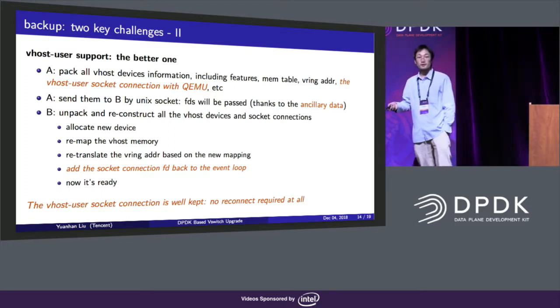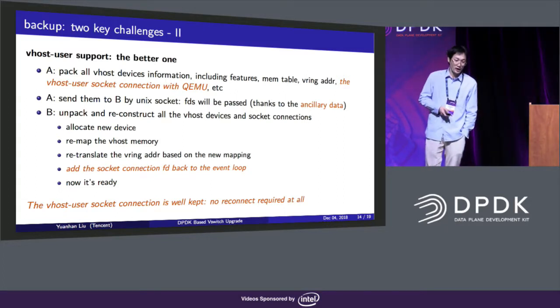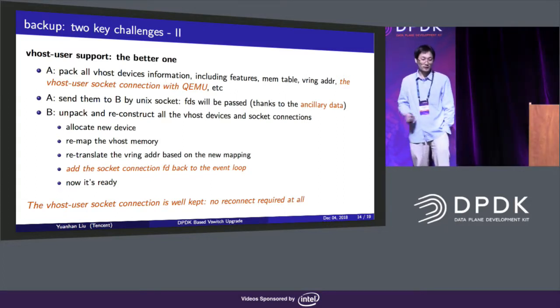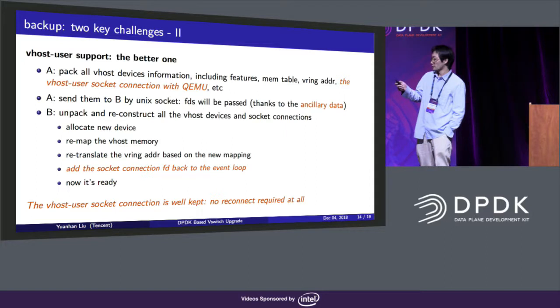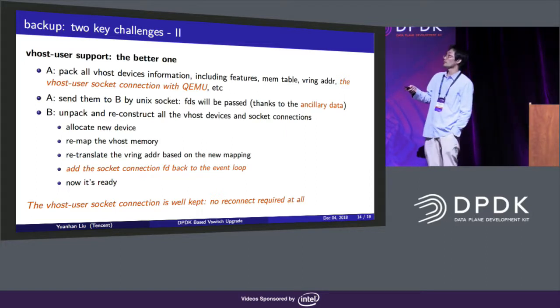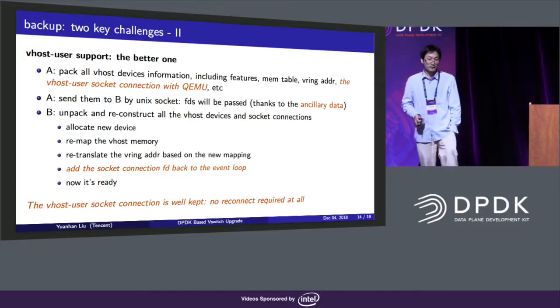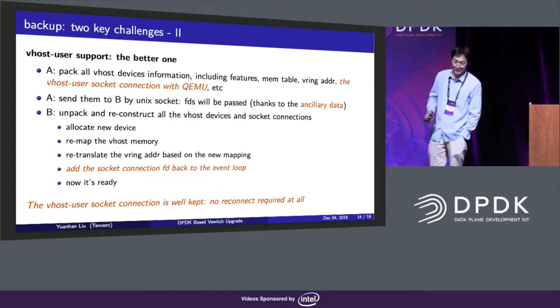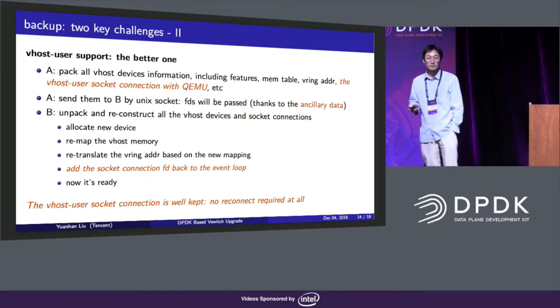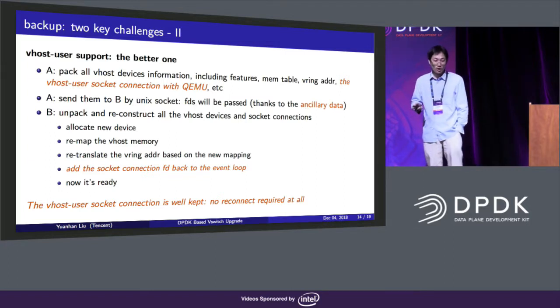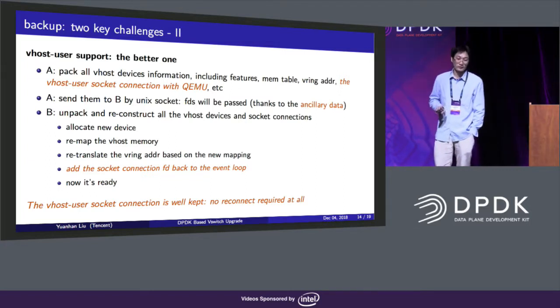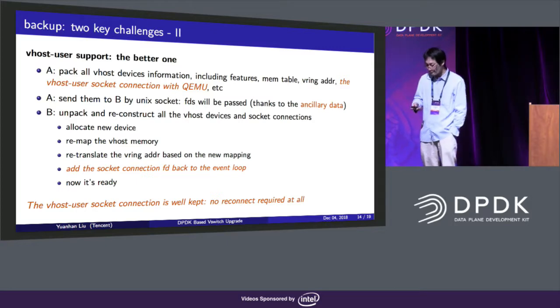Now it's ready. You can start transmitting and receiving packets. So this makes sure that the vHost user socket connection is well kept, meaning there is no need to reconnect. That is a really good thing, actually.